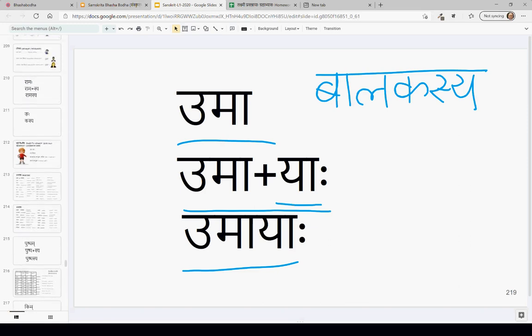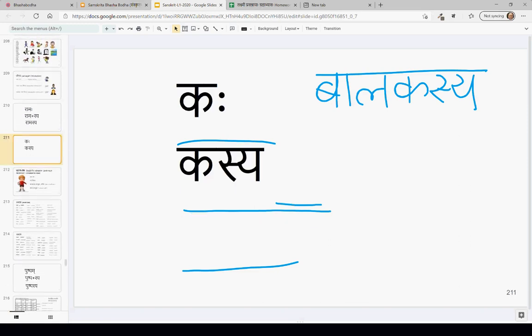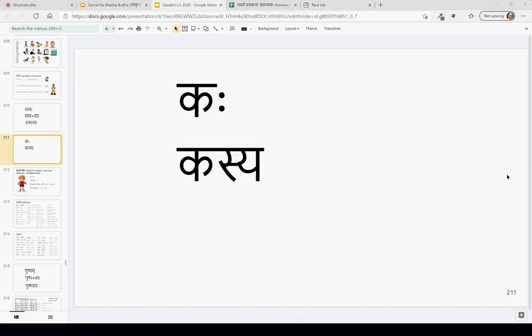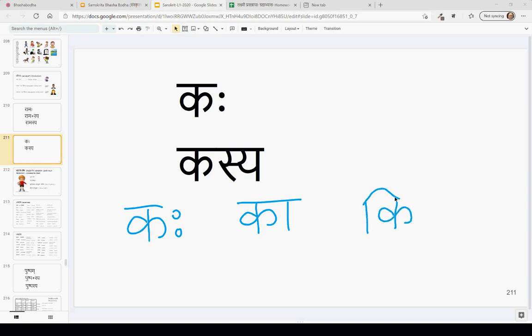Now, additionally, there are question words. In Pullinga the question word is Kaha, meaning who, and in Strilinga the question word is Ka, again who, and in Napunsakalinga the question word is Kim. Again the meaning is the same, who, but in those different lingas we have to use these different question words.